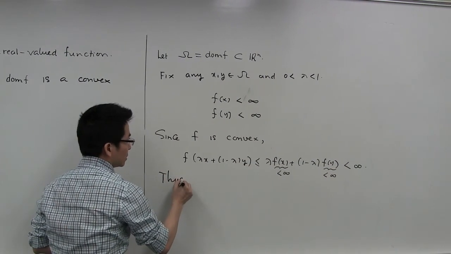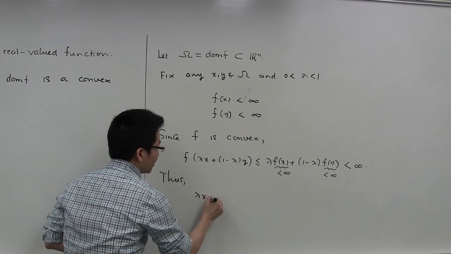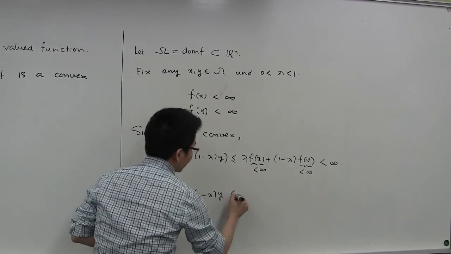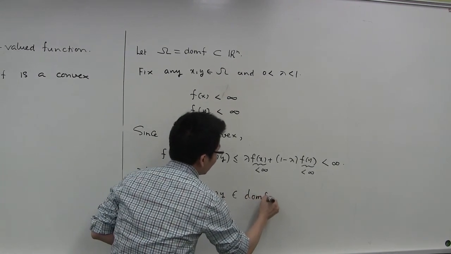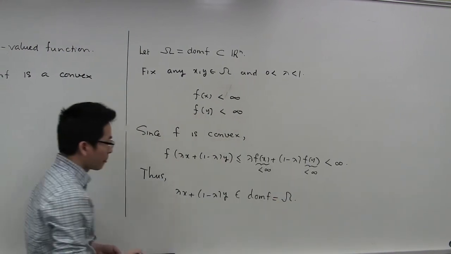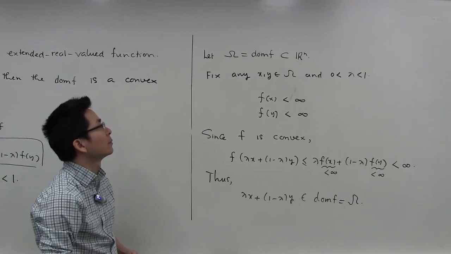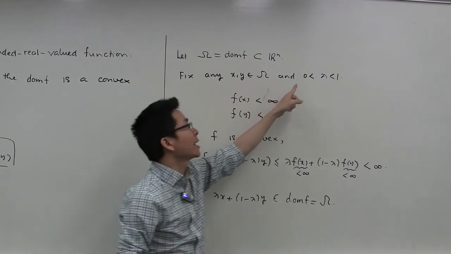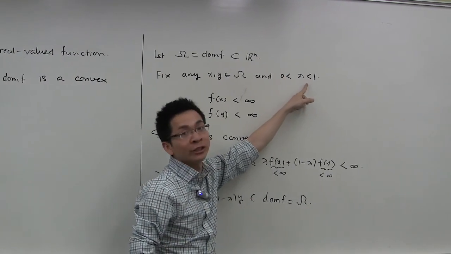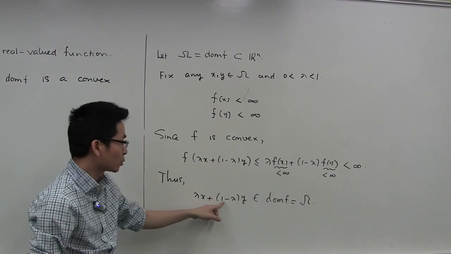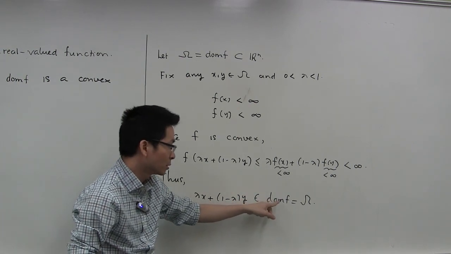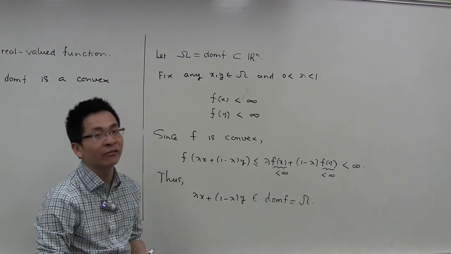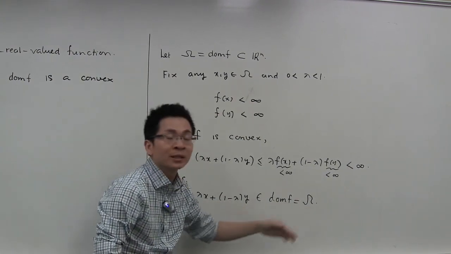Thus, lambda x plus 1 minus lambda y belongs to the domain of the function f, which is omega. So we have proved that if x and y are in omega and lambda is in the open interval 0, 1, then lambda x plus 1 minus lambda y belongs to omega. Therefore, by the definition of convexity of sets, omega here is a convex set.